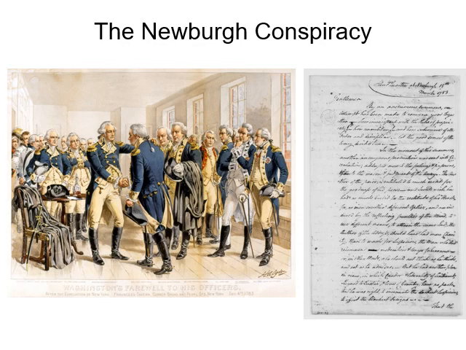So they decide to start talking about marching to Philadelphia and physically forcing Congress to pay them, effectively a coup. Washington hears about it, and he's very upset, and he stops the talk immediately. He convenes his officers.